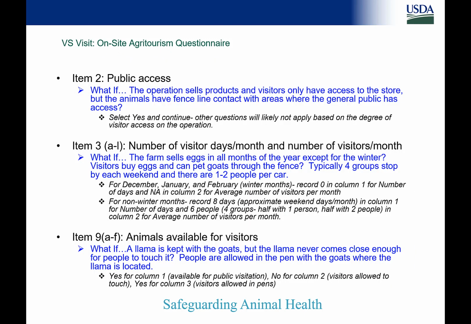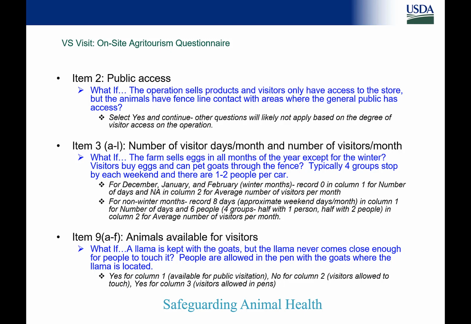Moving on to the questionnaire, this one does not have sections, it's all one questionnaire, so I've broken it down by items. Item 2, on the first page, is public access. What if the operation sells products and visitors only have access to the store, but the animals have fence line contact with areas where the general public has access? You would select yes and continue.